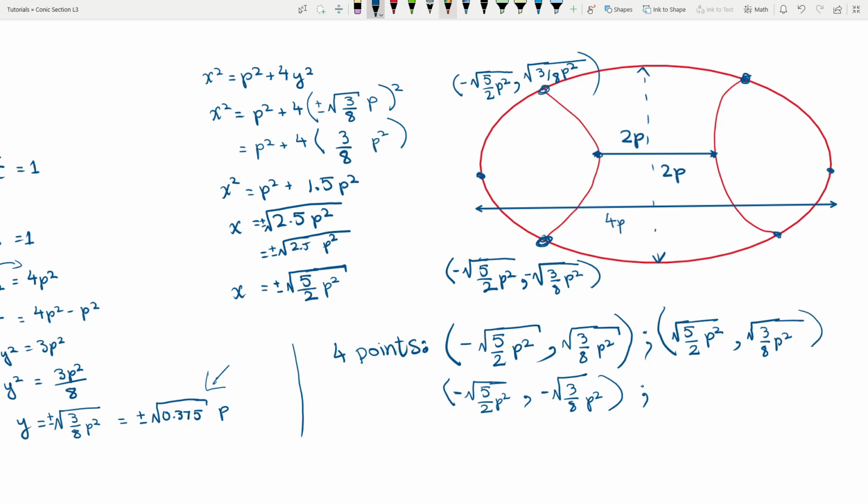That point goes over here. And our last final point to get the vertices is 5/2 p squared, negative 3/8 p squared, and that's your last point. Okay.